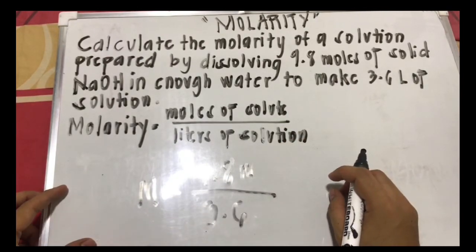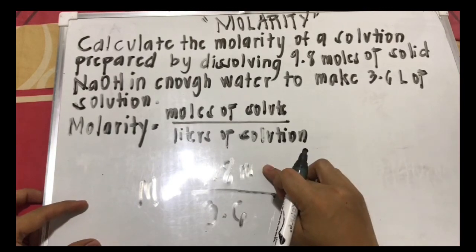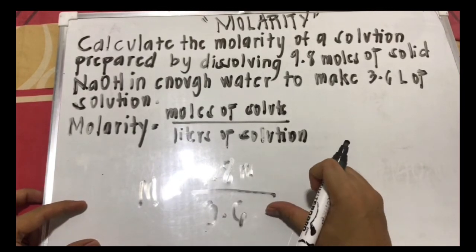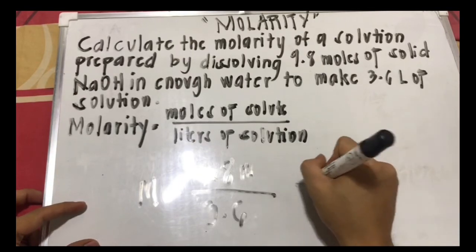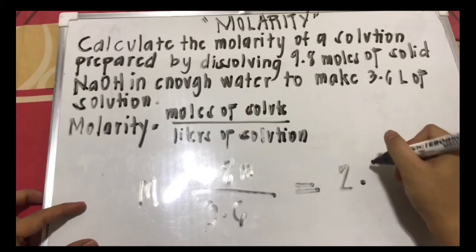So to find molarity, 9.8 divided by 3.6 liters equals 2.7.